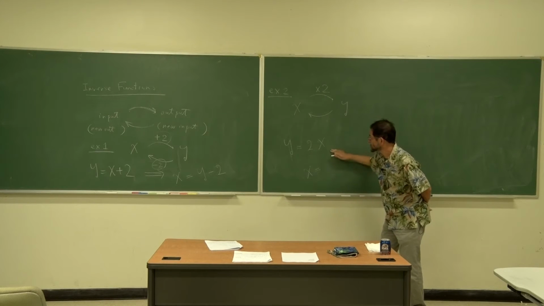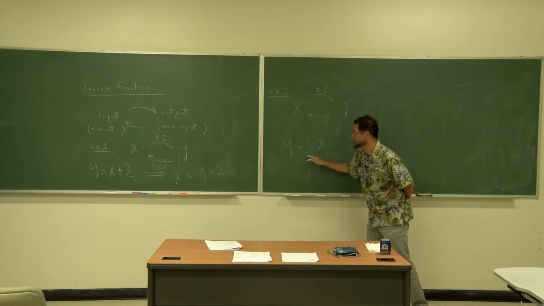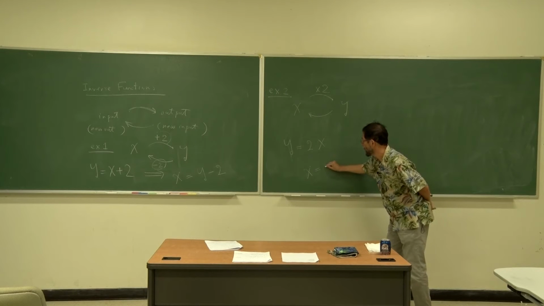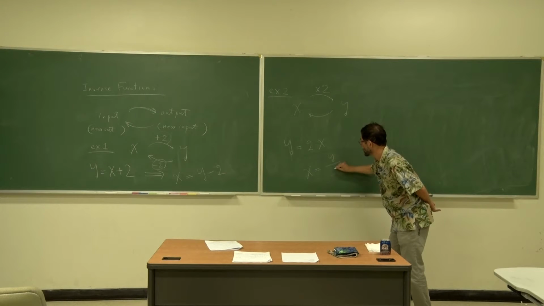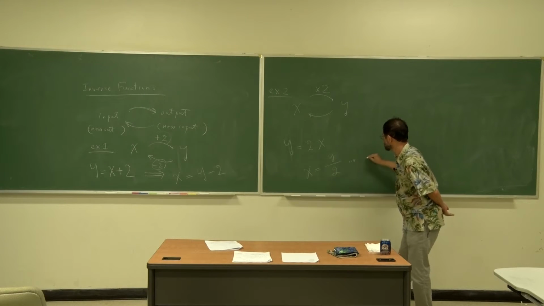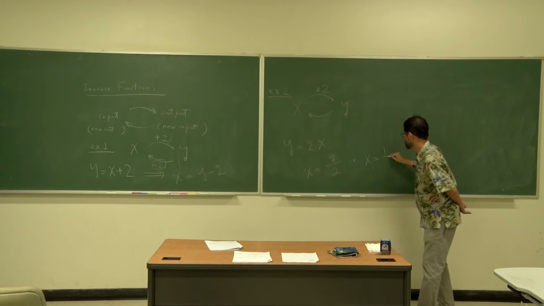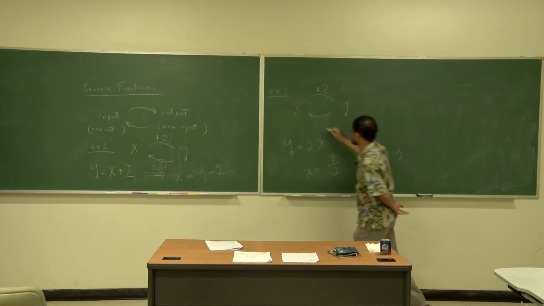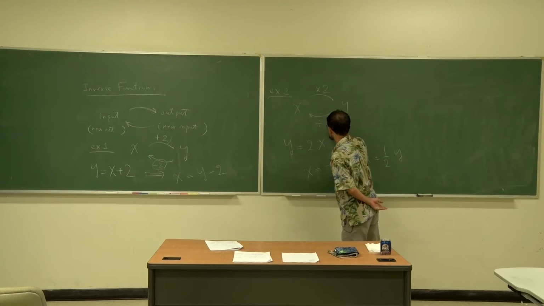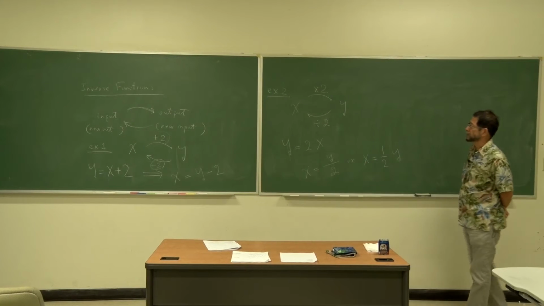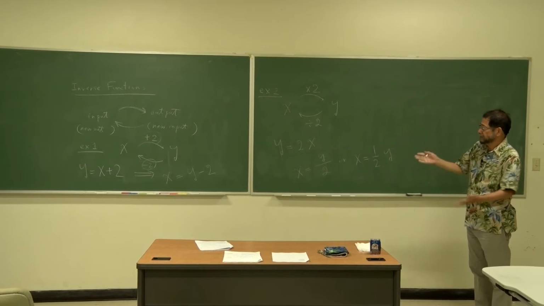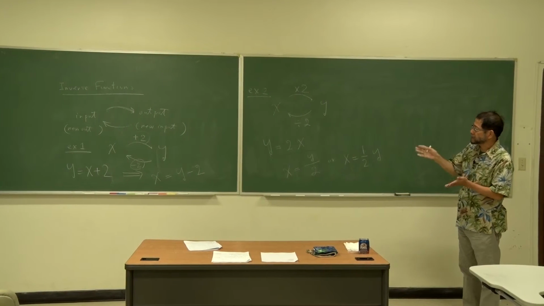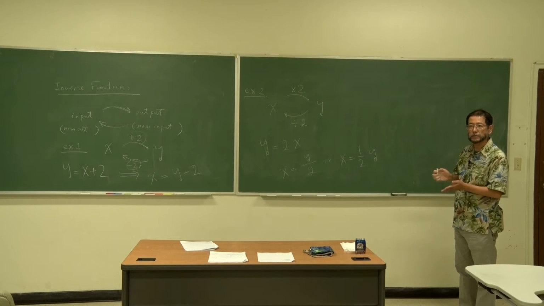You simply divide both sides by 2, so you get x is equal to y over 2, or x is equal to 1/2 times y. In other words, the inverse of multiplying by 2 is dividing by 2.